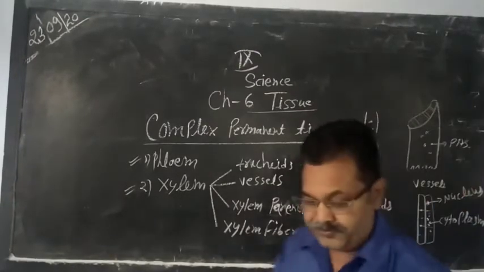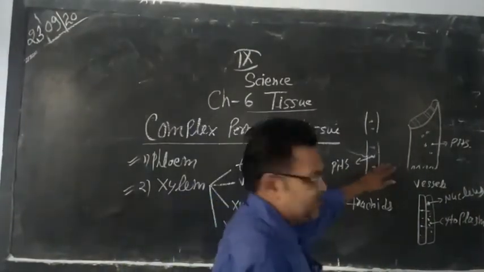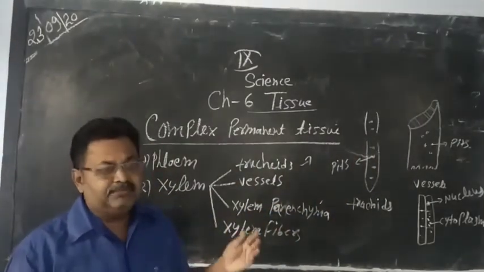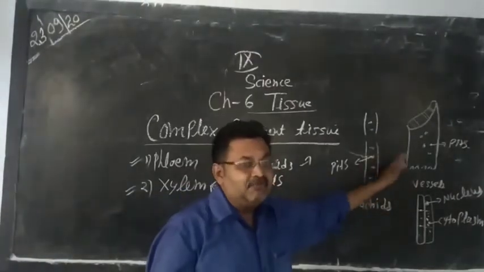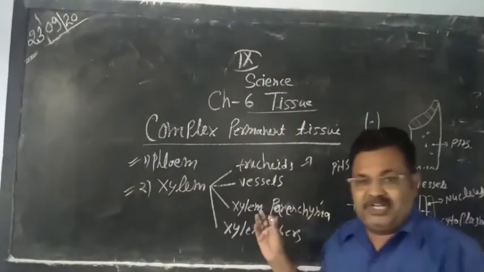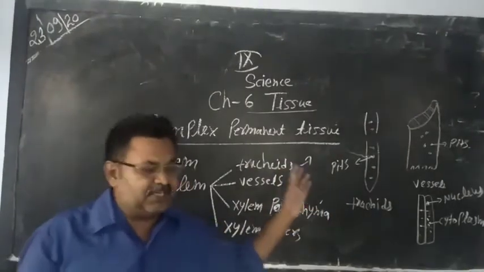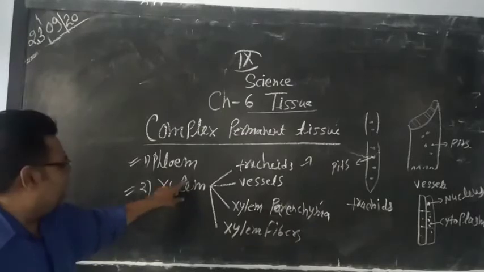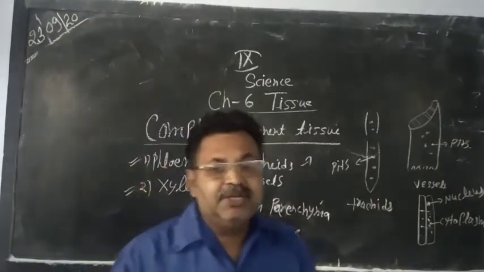These different cells coordinate and perform similar function. Such cells which have different shapes but due to coordination perform same or similar function, such tissue is known as xylem and phloem, and these are the complex permanent tissues.